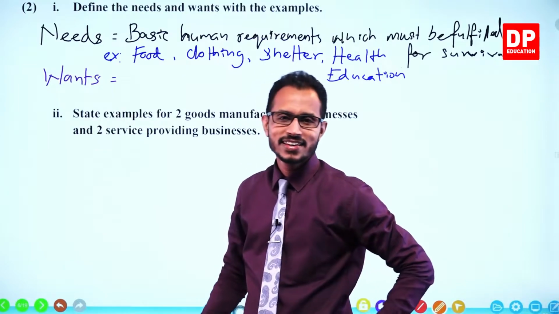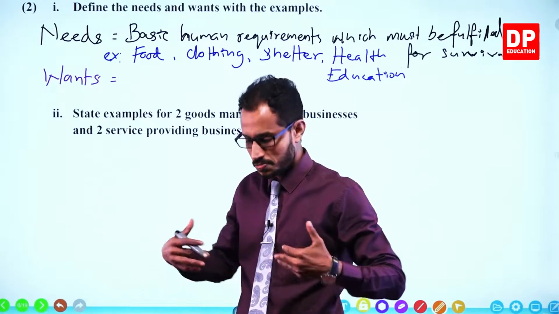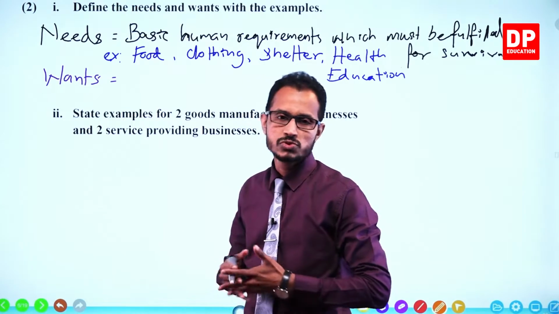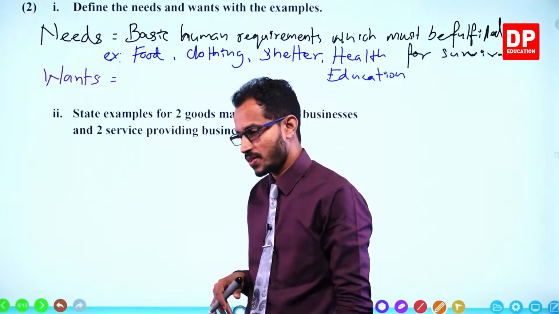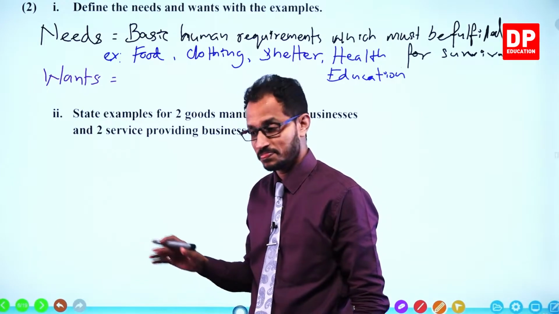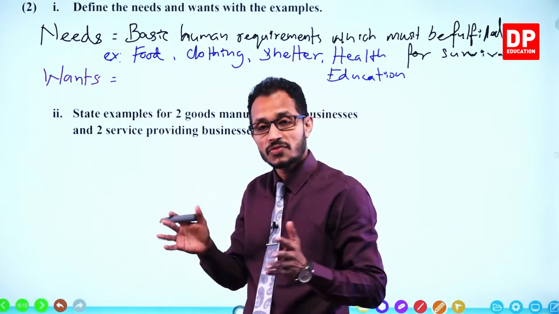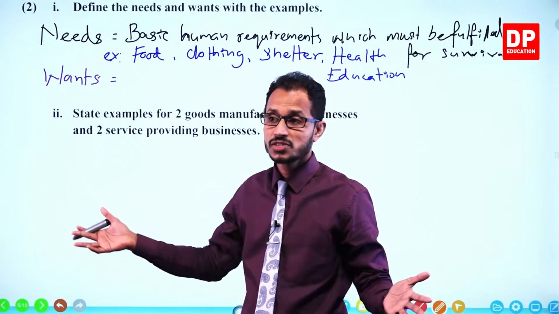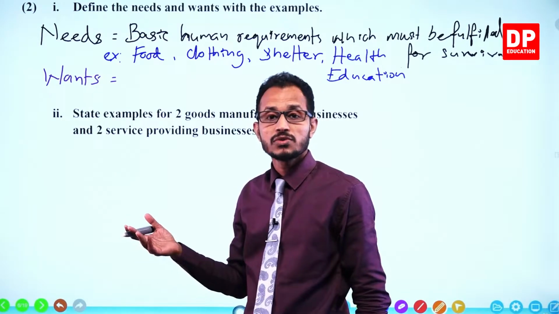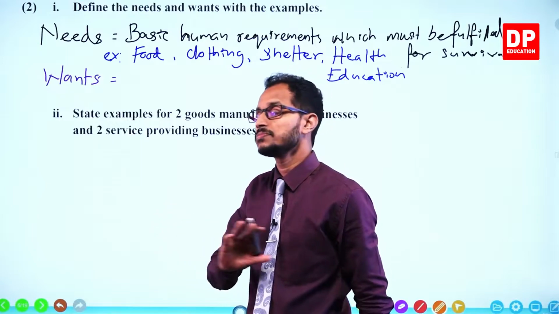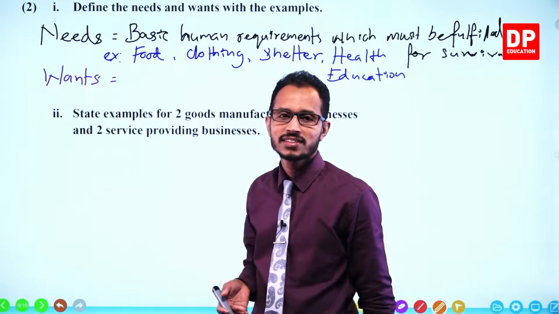Am I smart? I was trying to be smart. We like to have shirts, trousers, shoes. Girls, oh my God, thousands of different things they want when it's about dressing. Thousands of things they like to have. Wants.